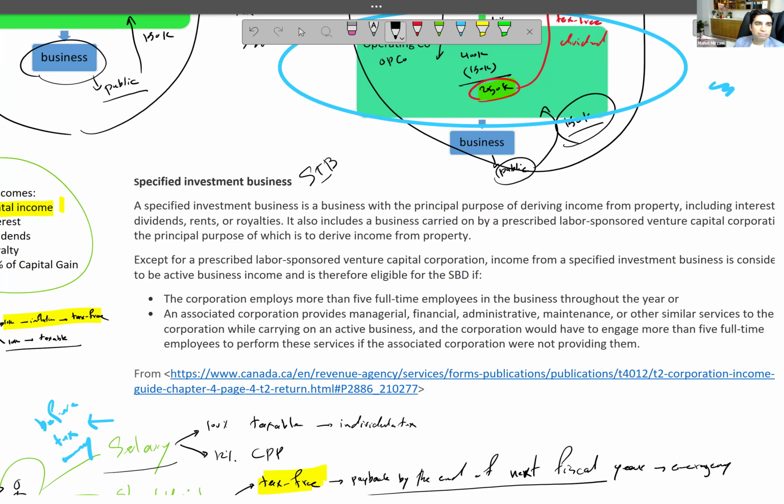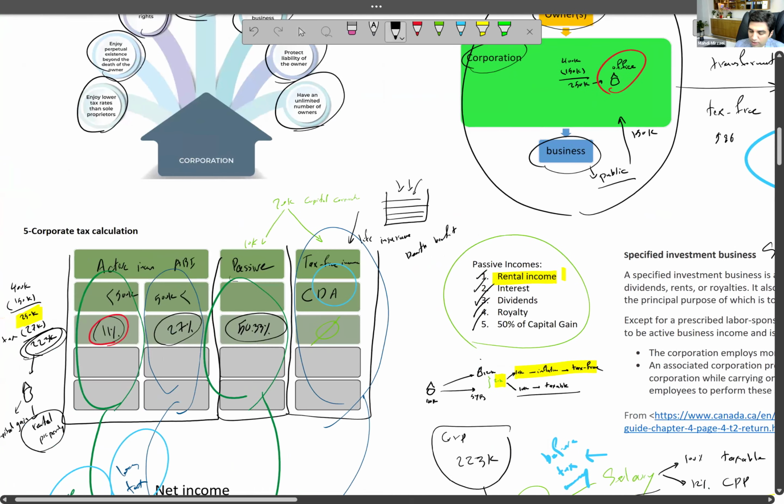5 rental high rises. A corporation owns 5 rental high rises. So they need to have an in-house accountant, their own repair and maintenance person, a property manager, everything. So in this case, if they have more than 5 full-time employees, then that passive income is no longer passive, because technically you are doing stuff to make this money.